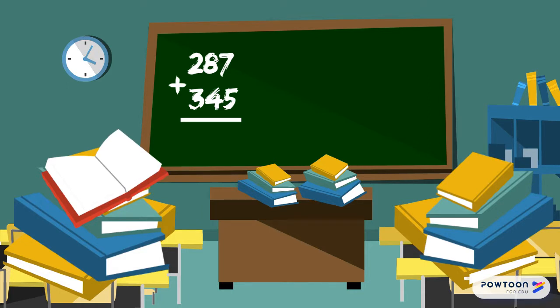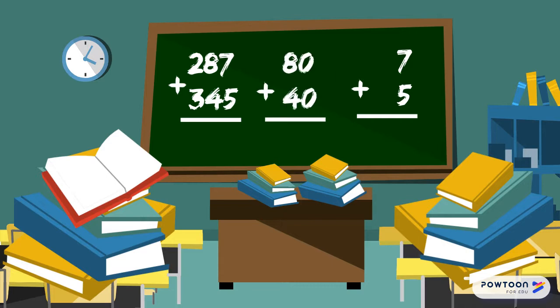For example, 287 plus 345, we make 7 plus 5, 80 plus 40, remember those are the tens. Then the hundreds, 200 plus 300. If you have thousands, 10,000s, millions, you just keep doing the same thing, using the expanded form for your addition.